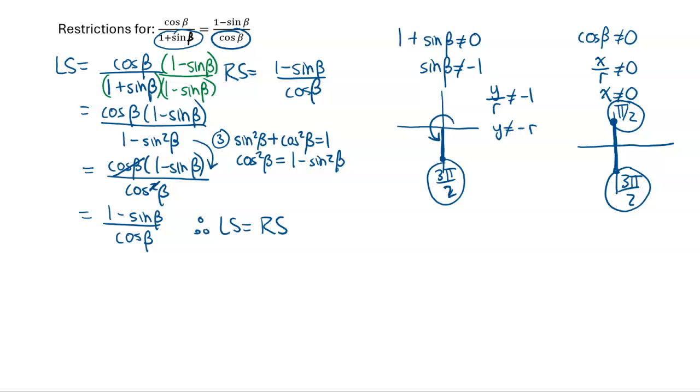So what we're going to do here is we're going to say in general that the restriction is that beta cannot be equal to pi over 2, and then how much do I add to get to 3 pi over 2? Well, I add pi. But then I add pi again, and I get back to pi over 2, but after having gone past one rotation.